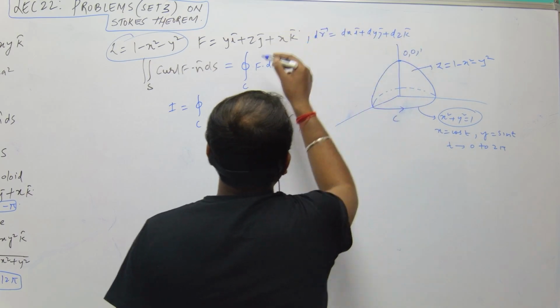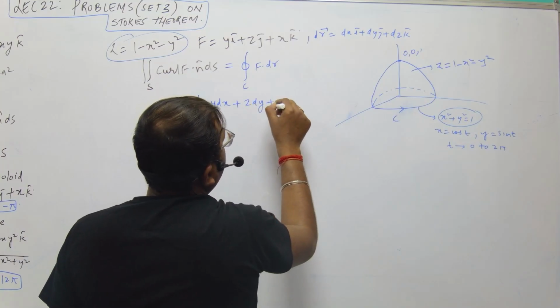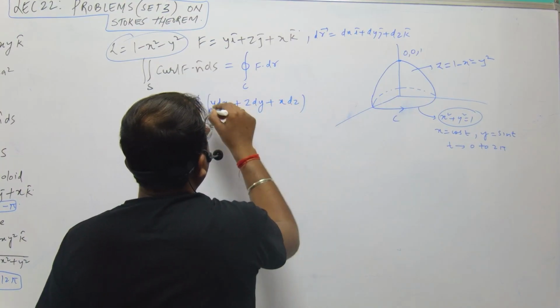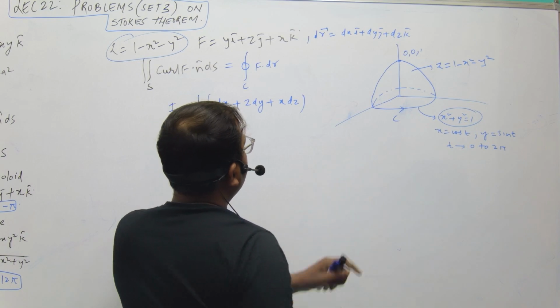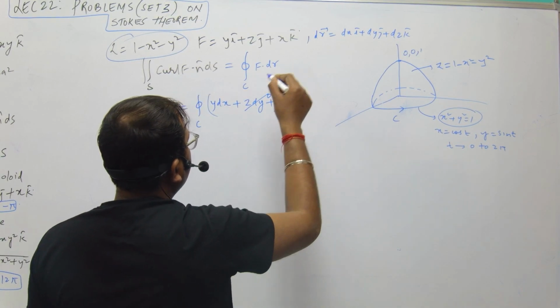So F dot dr will be y dx plus z dy plus x dz. Since curve C is lying on the xy plane, the value of z will be 0 and dz will also be 0. So this is y dx.